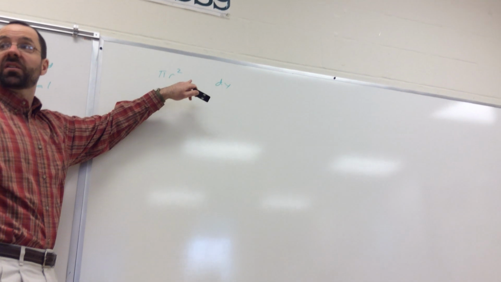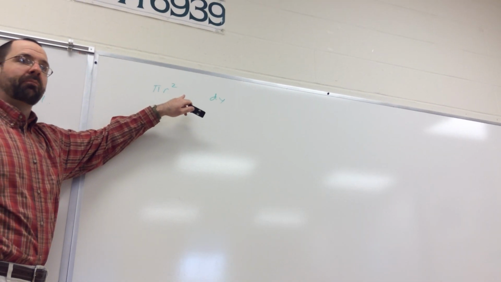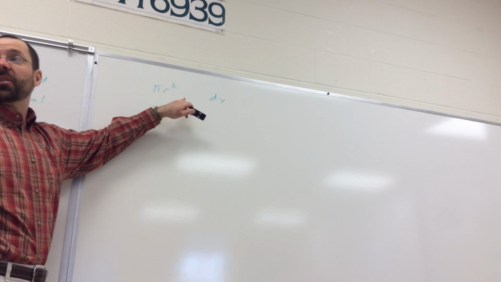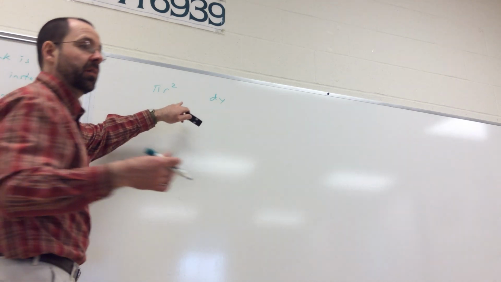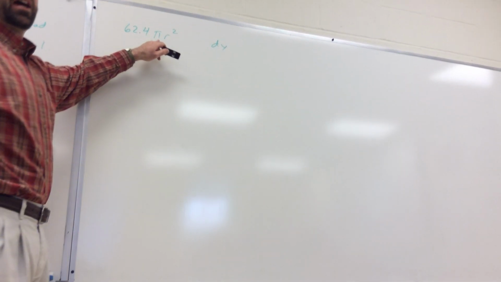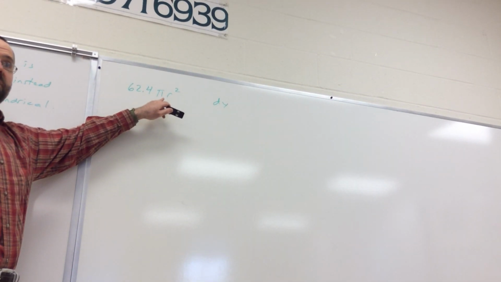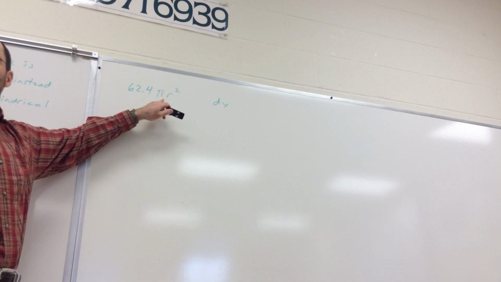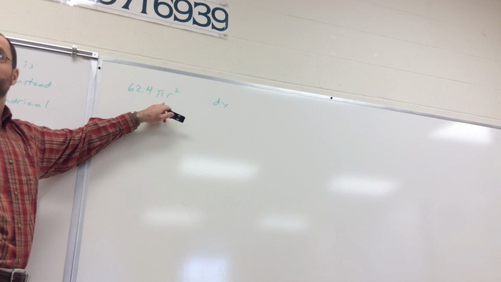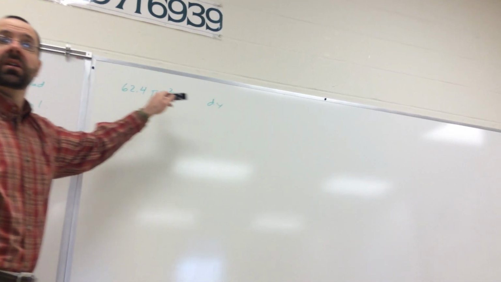That's the number of cubic feet of water. Then I need to multiply that by 62.4 to get how many pounds it weighs. So now I have the number of pounds that the water weighs, which is also the same as the number of pounds of force that I'm going to require to move it. So this is pounds now.